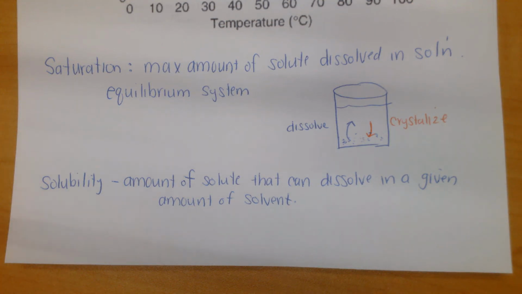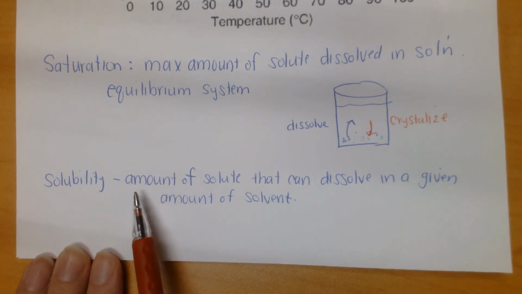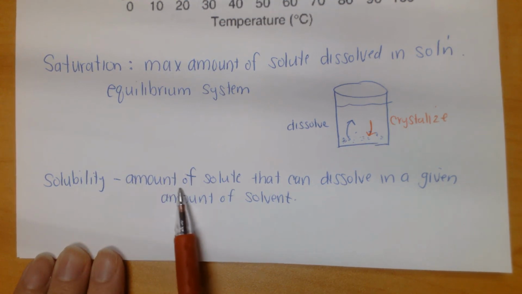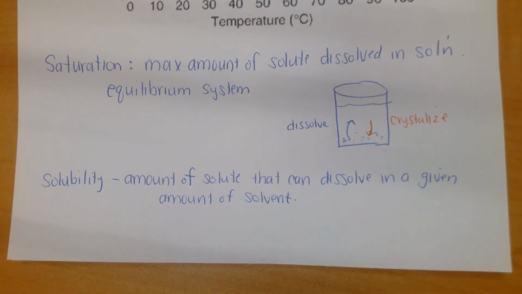So we also define something called solubility. We looked at this a little bit in chapter 4, where we said things were soluble or insoluble. Soluble things had a large amount of solid dissolved, and insoluble things had a very, very small amount. But we can quantify solubility and talk about the pretty much exact amount of solute that can dissolve into a given amount of solvent.